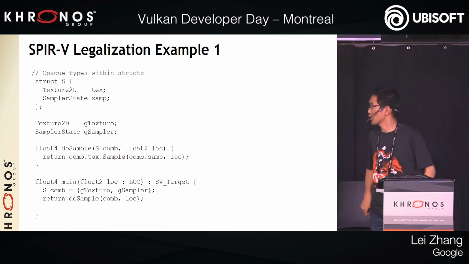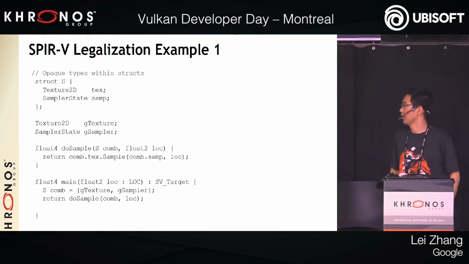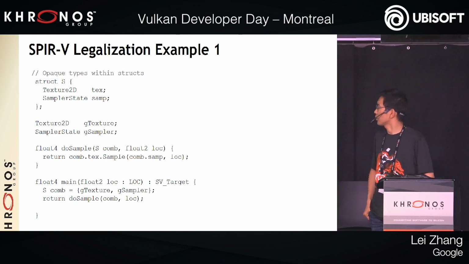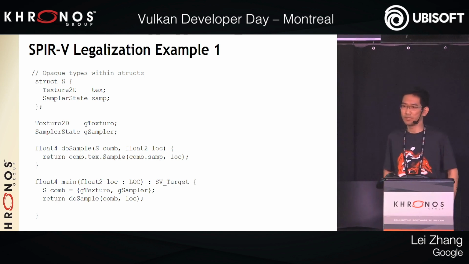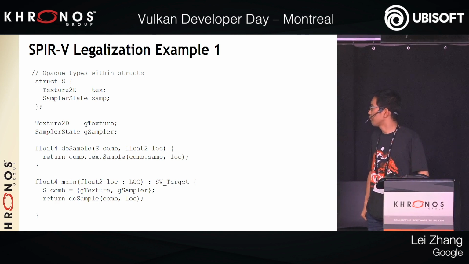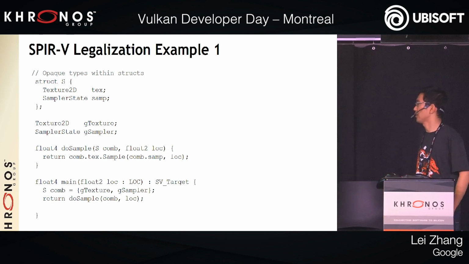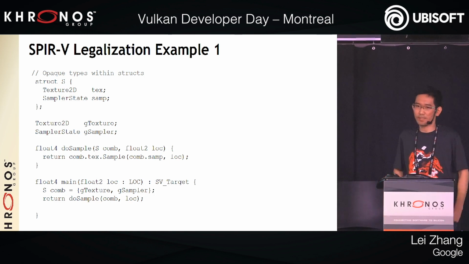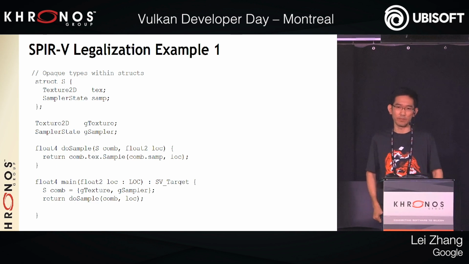I'll give two examples to make legalization a little easier to understand. In this simple code, we have grouped a texture and a sampler into a struct, and then we pass the struct into a function and do a sample inside the function. This code, if you translate it literally, is not accepted by the drivers. It is illegal SPIR-V for Vulkan because both textures and samplers are translated into opaque types in SPIR-V.